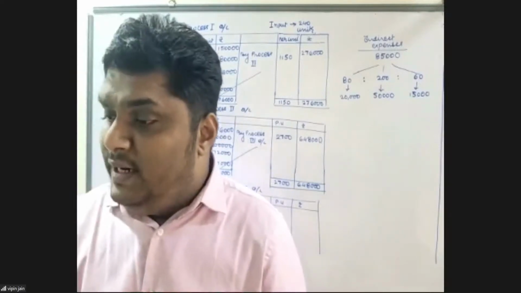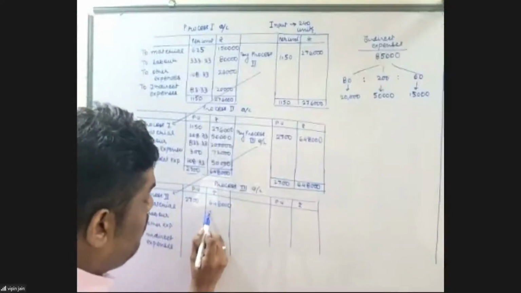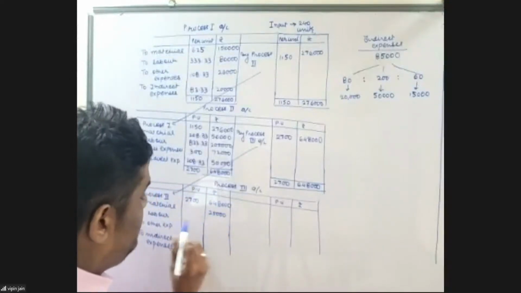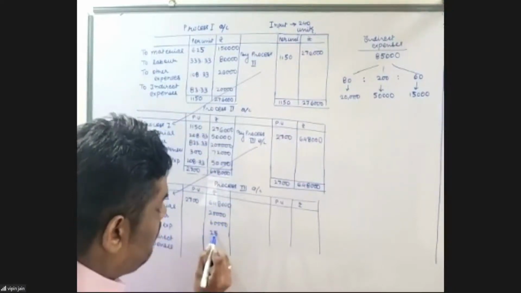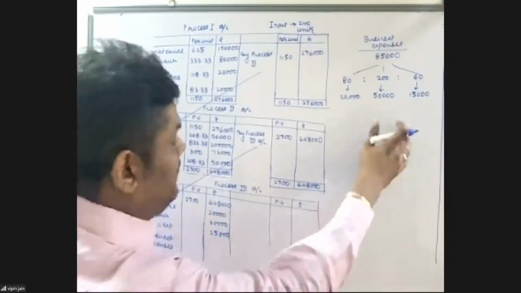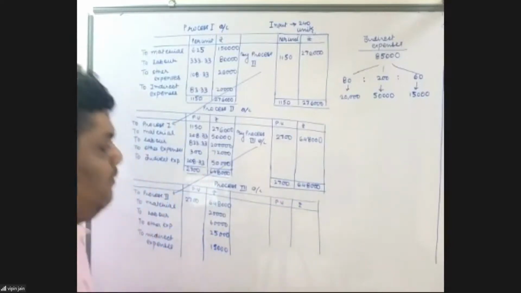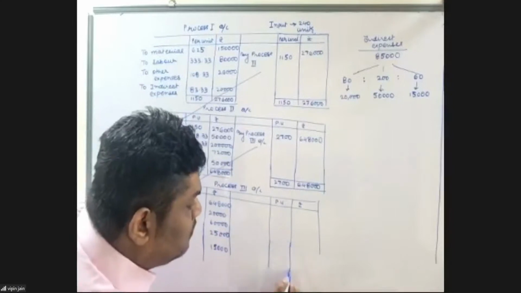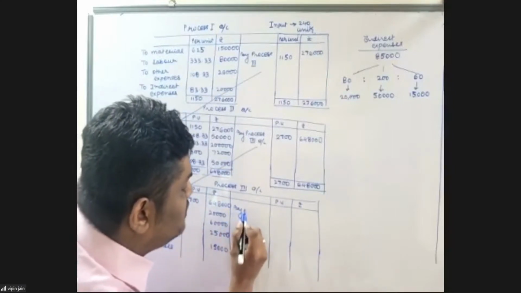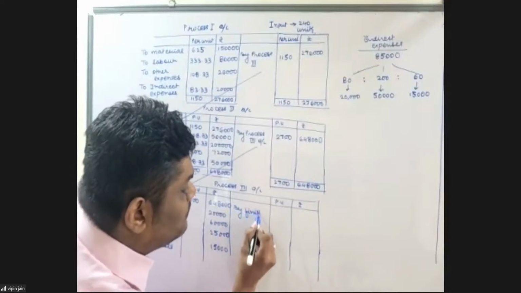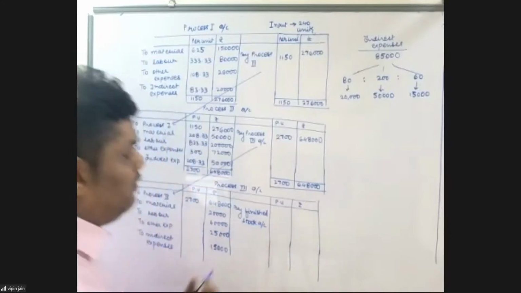When talking about material cost, it is 20,000. And the output of process third is to be transferred to finished stock account.